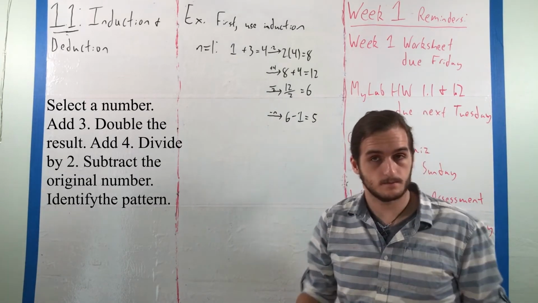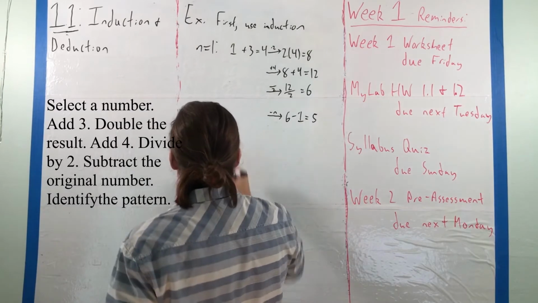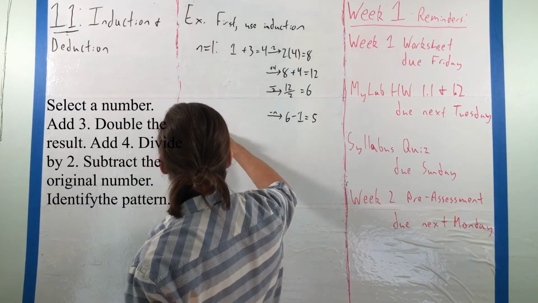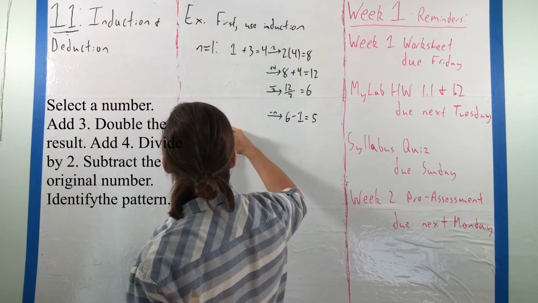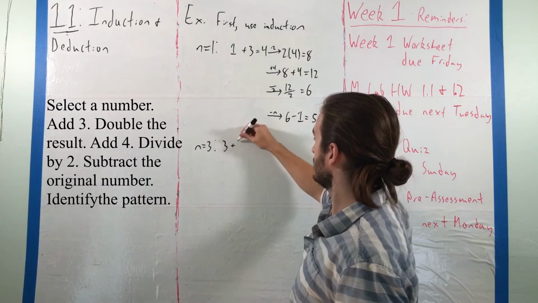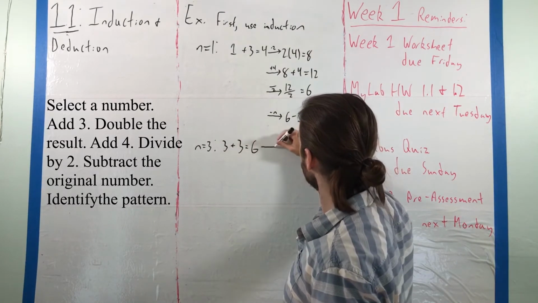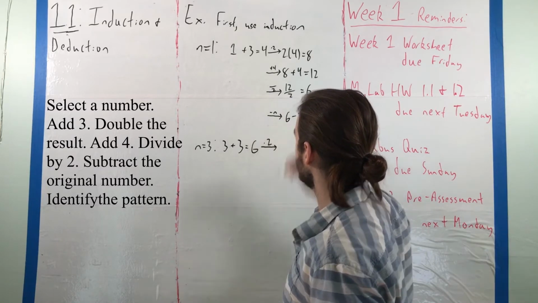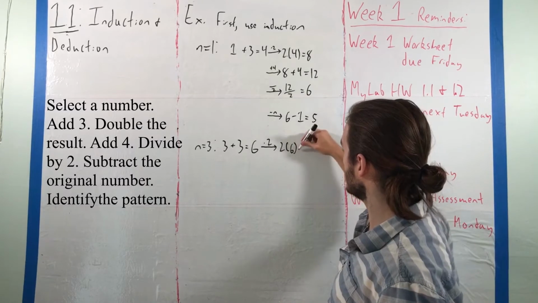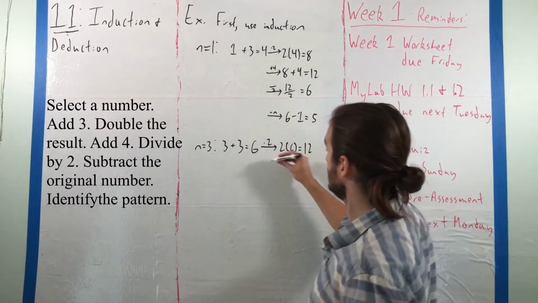Okay, that's a good start. Let's try another number. Let's try 3. Doesn't really matter what we try, right? We're just going to pick some numbers. Let's let n equal 3. So we start: 3 plus 3 is equal to 6. Then we take that, multiply it by 2. 2 times 6 is equal to 12. Add 4.